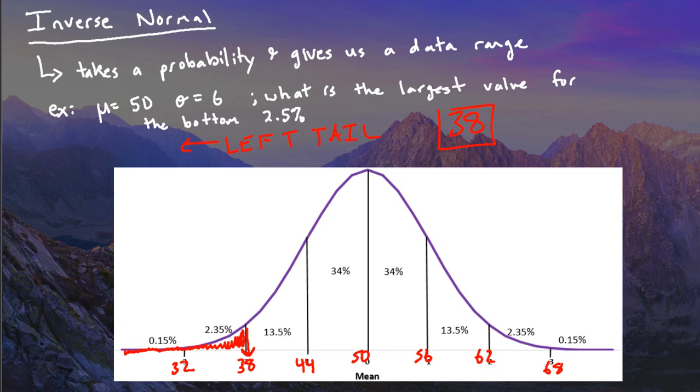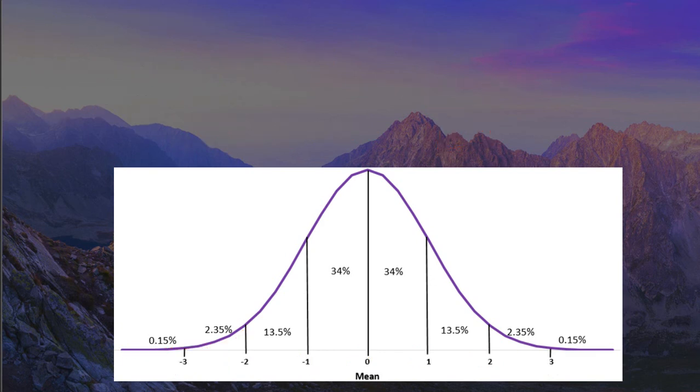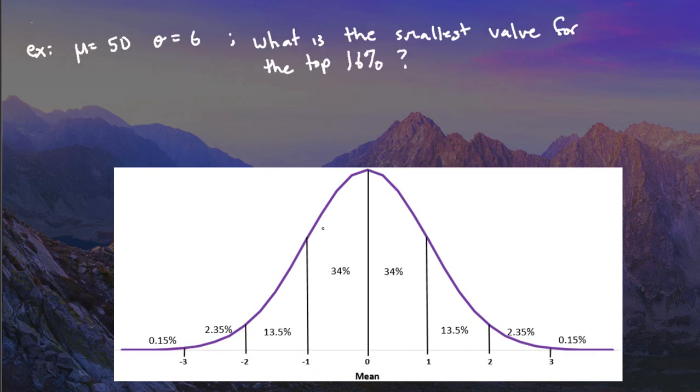So let's go on and take a look at another example to help clarify this maybe even a little bit more. Same setup. We have 50, 56, and what was it? 62, 68. And I'll just go a little bit over here.